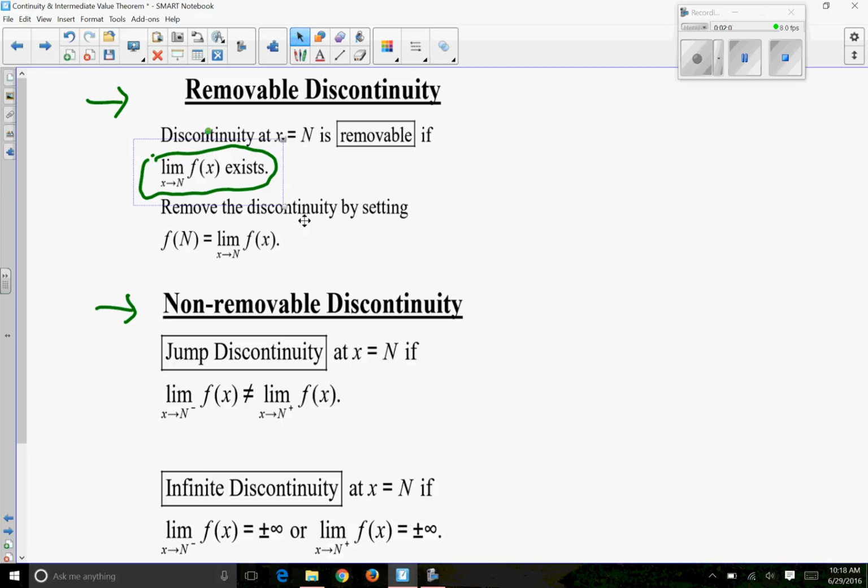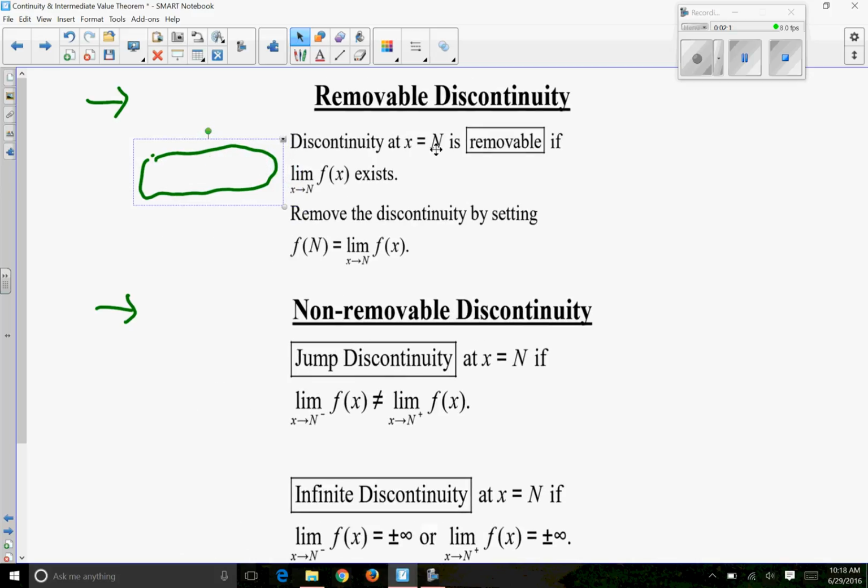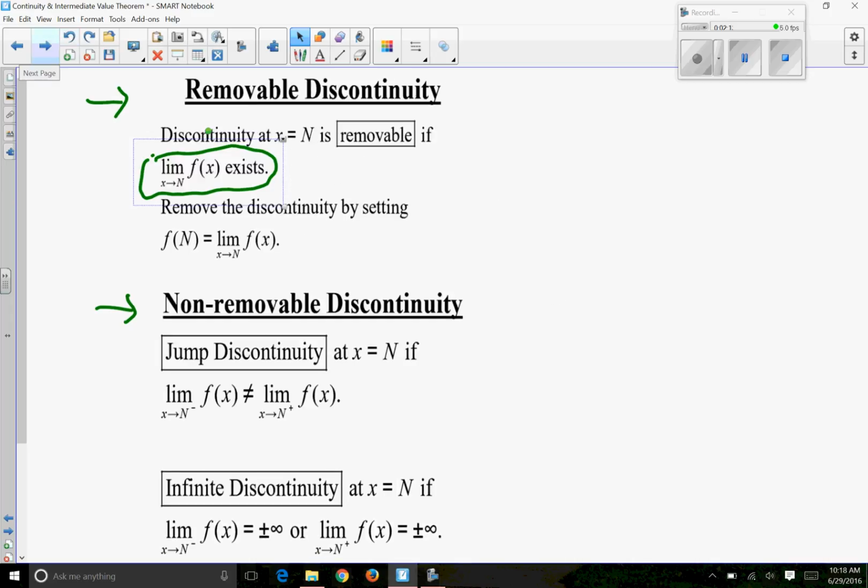We remove the discontinuity at x equals n by setting f of n equal to the limit of f of x as x approaches n.